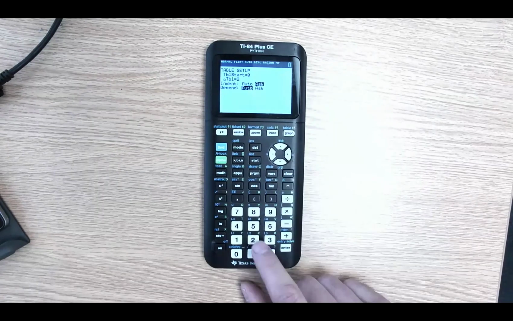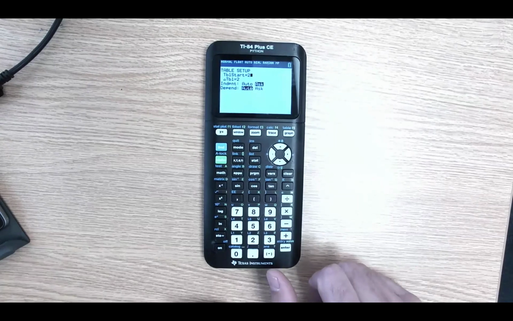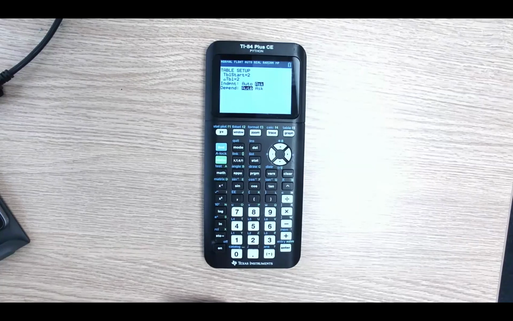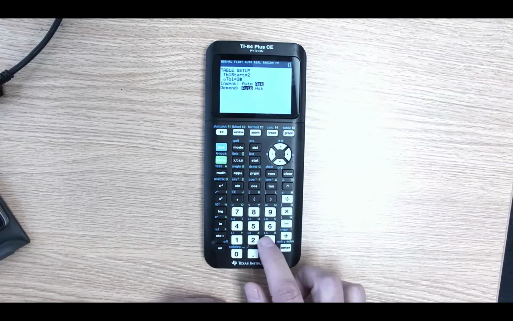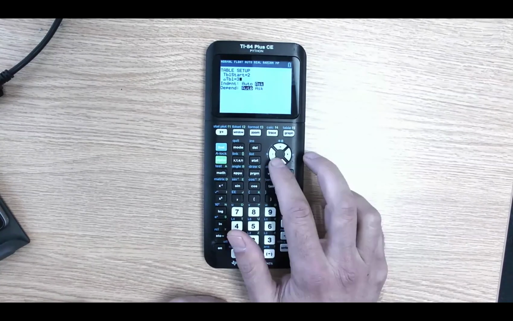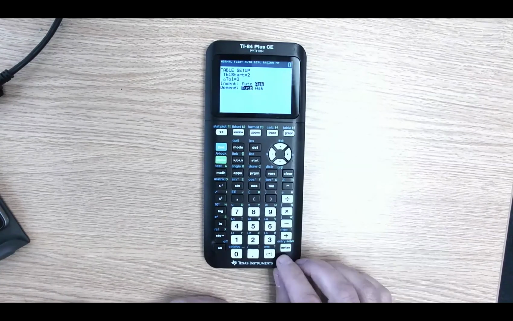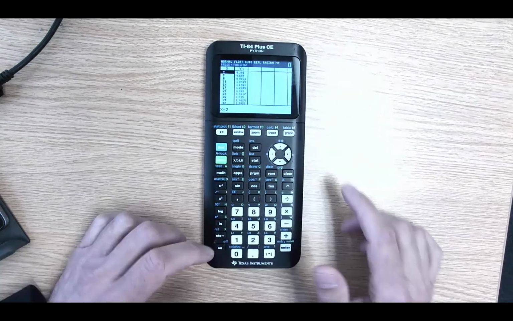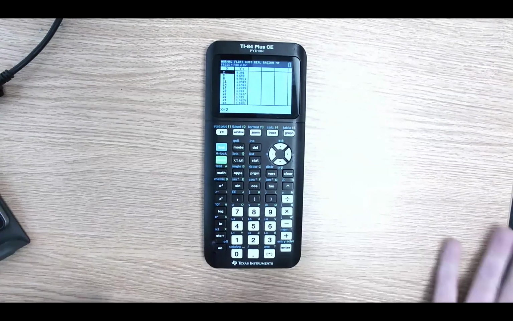So I'm going to have my table start at 2 and have my delta table be 11 minus 2 divided by 3, which is 3. And I want the independent variable to be automatic. Does that make sense? I'm telling you exactly what I want in the table. Starting at 2, this is going to give me 2, 5, 8, 11, etc. So when I go to my table now, I have all those values waiting for me.